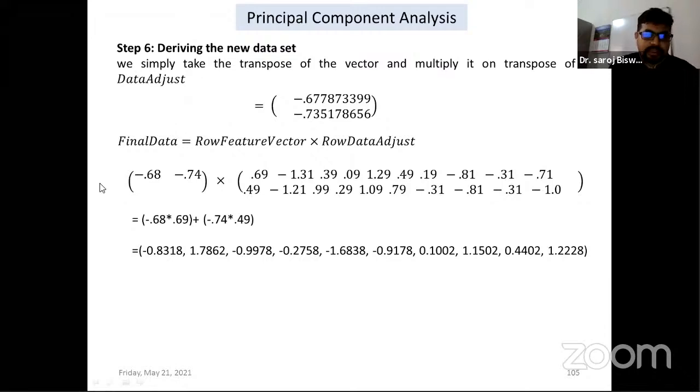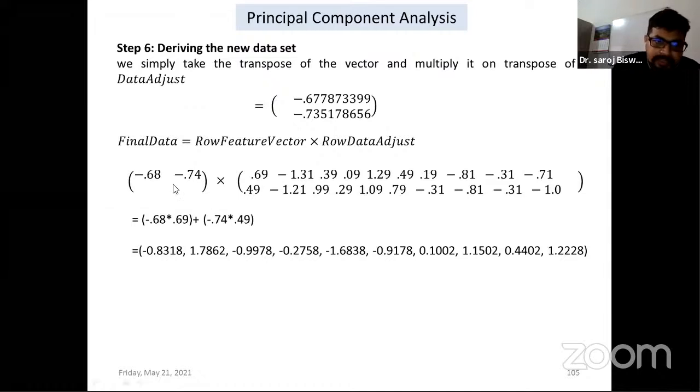The rows are multiplied with the columns in matrix multiplication. You have to know that. So this one is multiplied with this one, plus this one multiplied by this one, and that becomes the first value of the matrix multiplication.